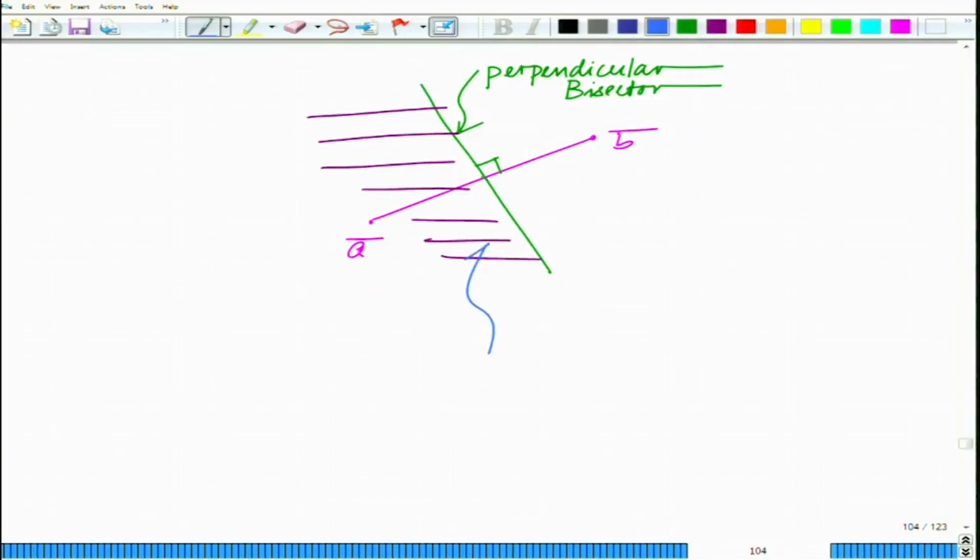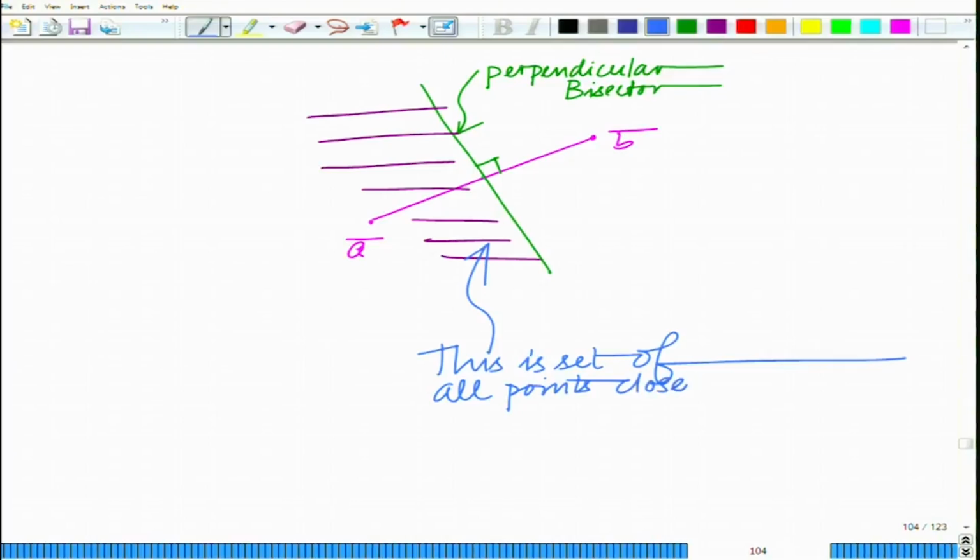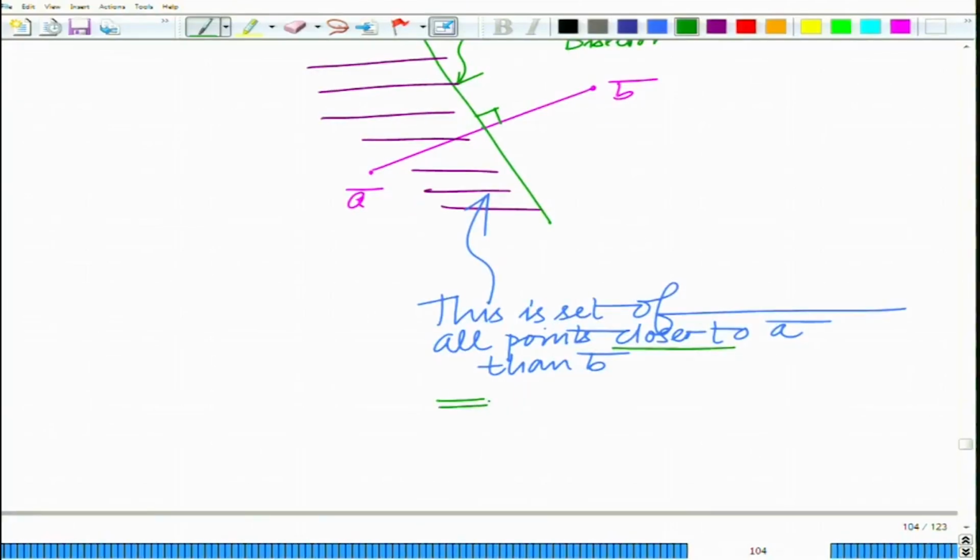Essentially, this is the set of all points closer to a bar than b bar, and you can see clearly that this is a half space.